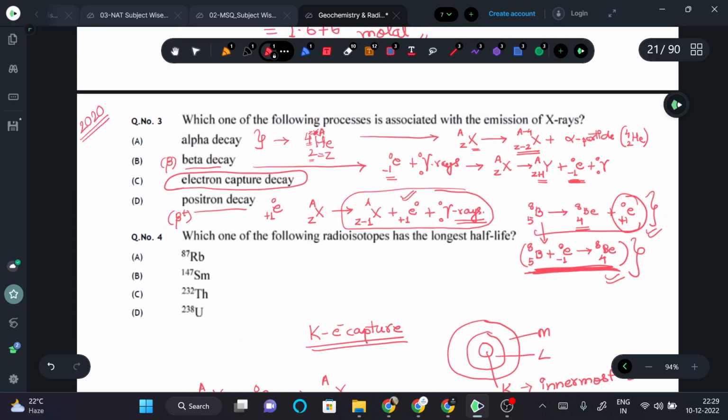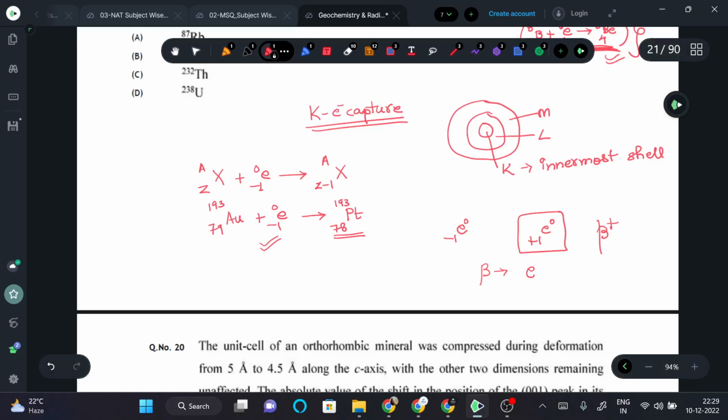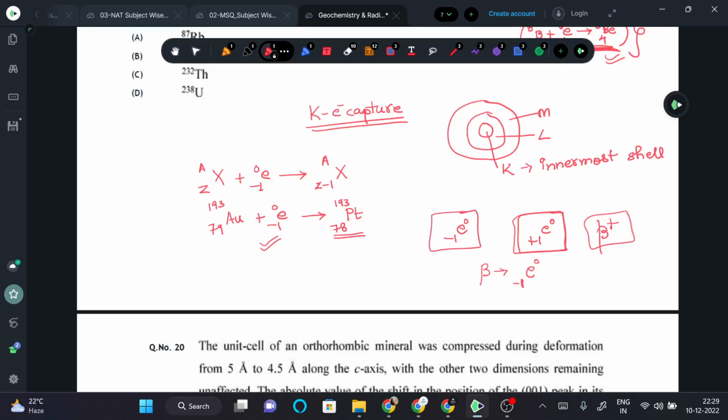In beta decay, what did we see here? Here one electron was emitted, right? In normal beta decay, one electron is emitted. One electron is released. In positron decay, one positron is released. In electron capture, one electron is captured. Are you clear with these three?